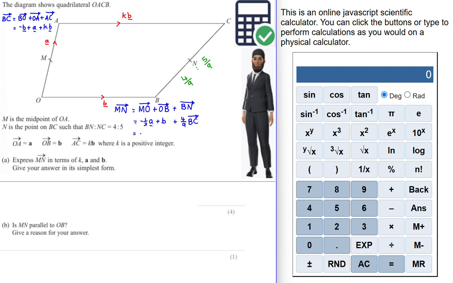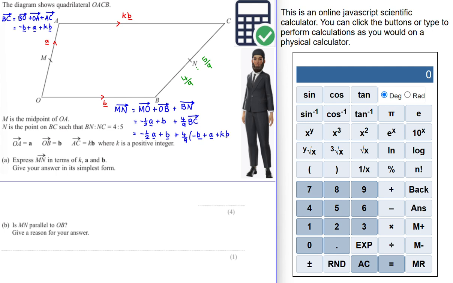So therefore you end up with minus a half a, plus b, plus 4/9. Let's open this bracket. You're going to get a minus b, plus a, and then plus kb.